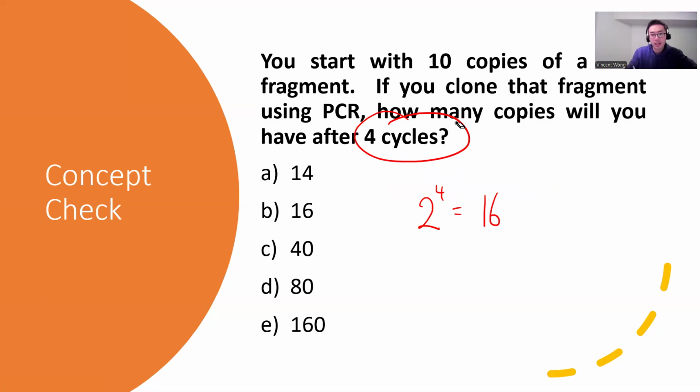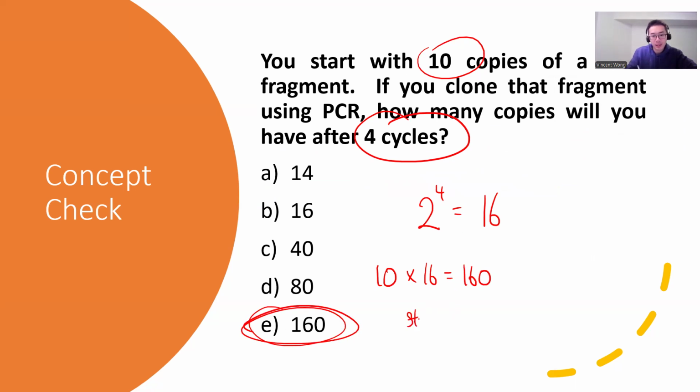So that's if you start with 1 copy, but we started with 10 copies. So 10 copies times 16, 160. Okay. So basically, it's the starting number times 2 to the exponent of n, okay? Where n is the number of cycles.